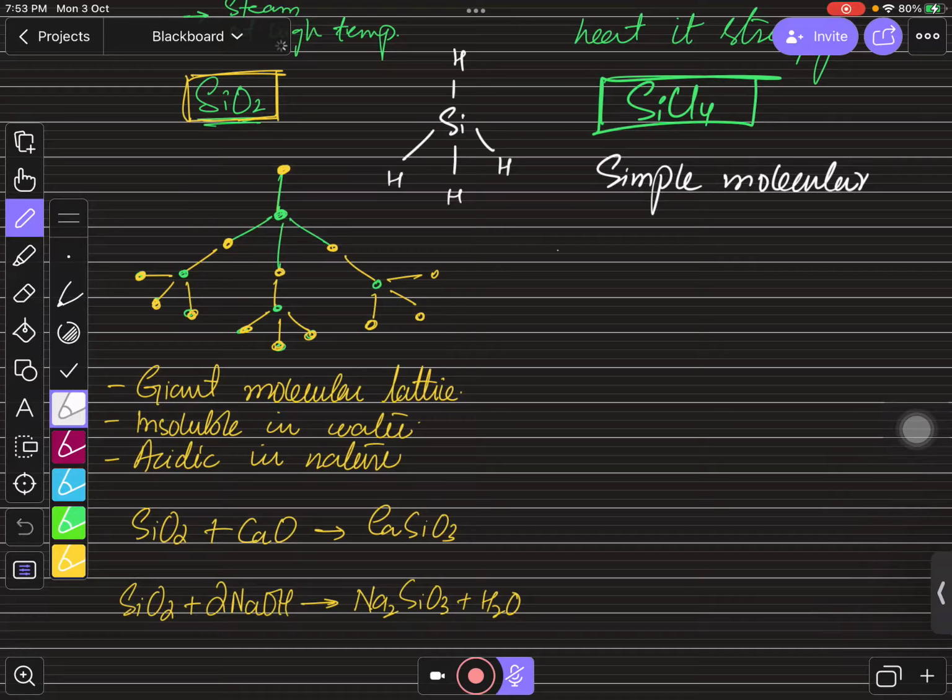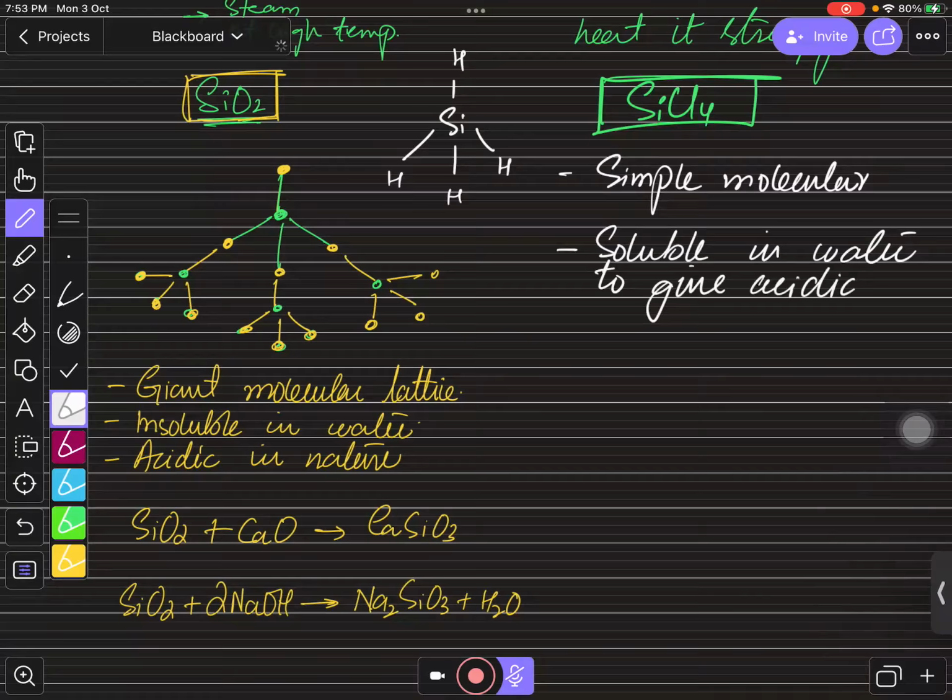It is soluble in water to give an acidic solution, right? So when you talk about SiCl4, it will dissolve in water, right, to give you SiO2 plus 4HCl.